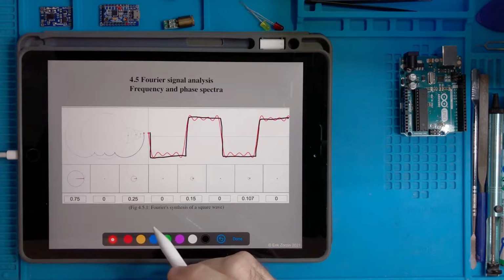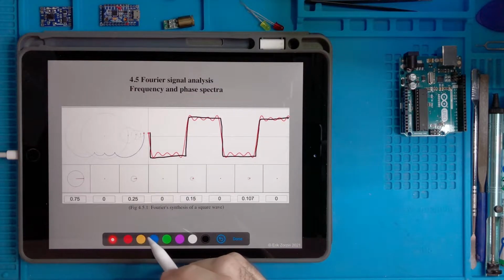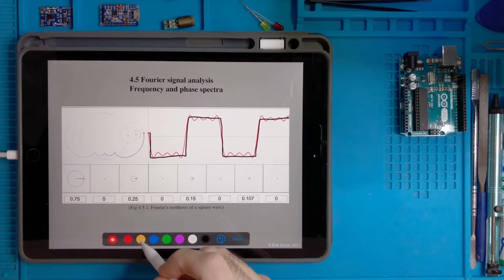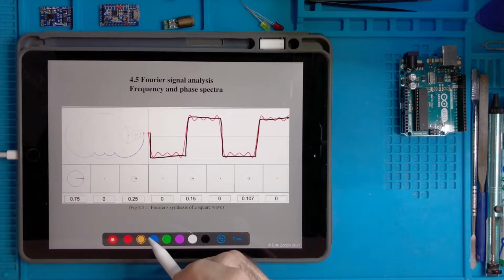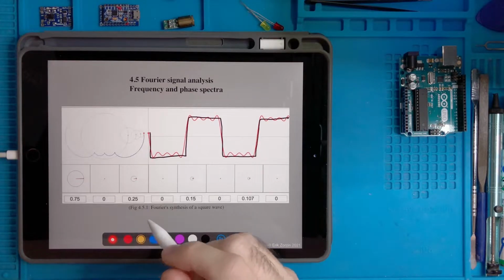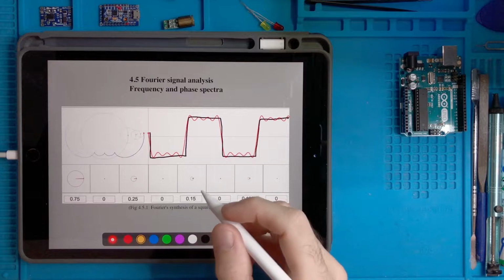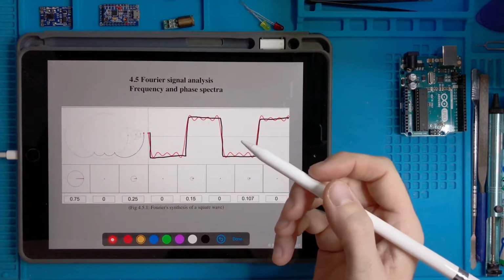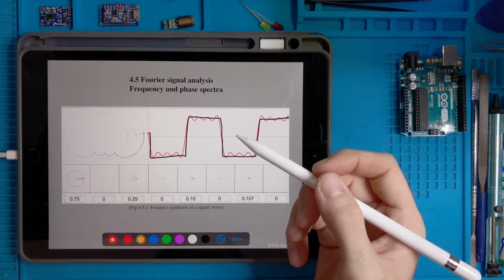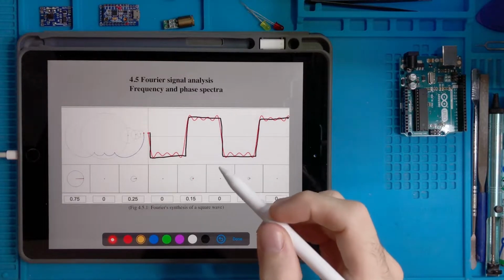If we consider the phasors, as we have seen a while ago, phasors were two-dimensional vectors, so complex numbers in the real and imaginary plane, vectors that are rotating around the center with a certain angular frequency.